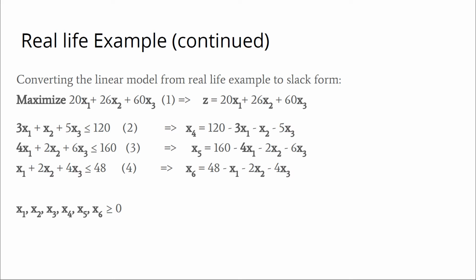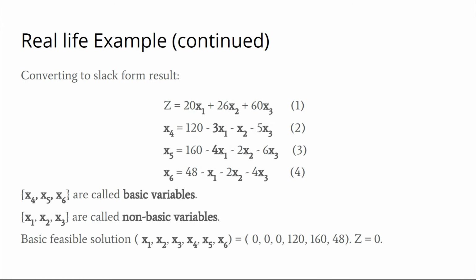We observe that if we move the left-hand side of these inequalities to the right-hand side, we can get what we want. So for inequations 2, 3, and 4, we move the left-hand side to the right-hand side. We then introduce three new slack variables, x4, x5, and x6. Finally, we end up with the linear program in slack form on the right-hand side of these arrows.